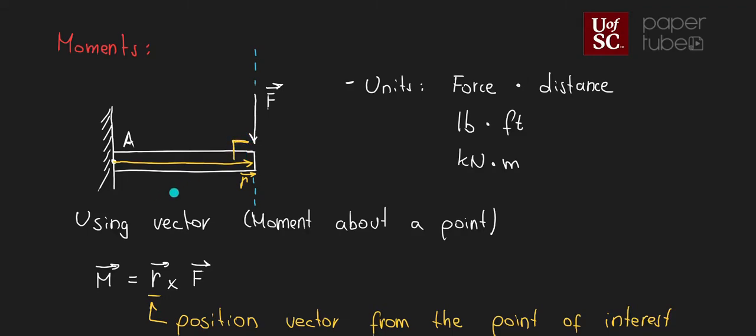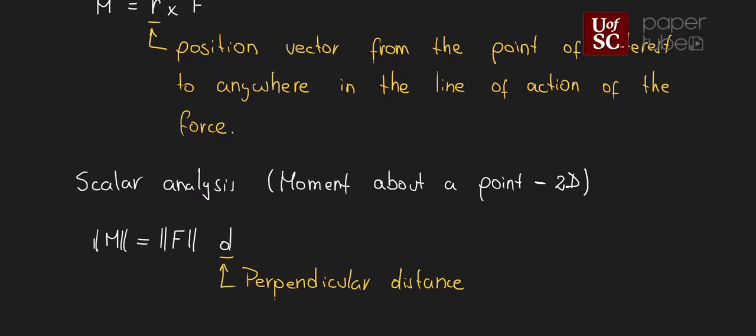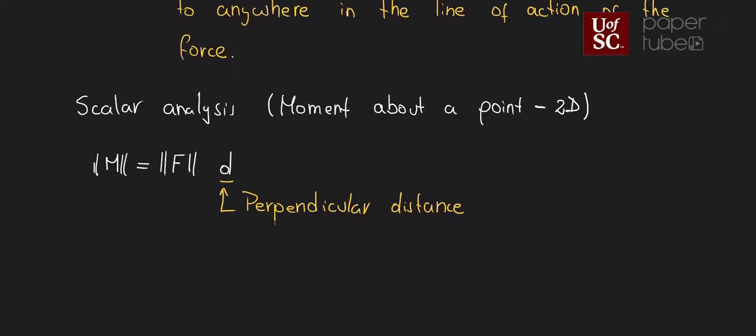In this particular case, this will be d. You cannot use other distances. It has to be this perpendicular distance. So again, we have our vector analysis, which is the cross product r cross F. In that one, I just do the cross product and don't have to think about anything else. With the scalar analysis, you can find the magnitude of that moment.